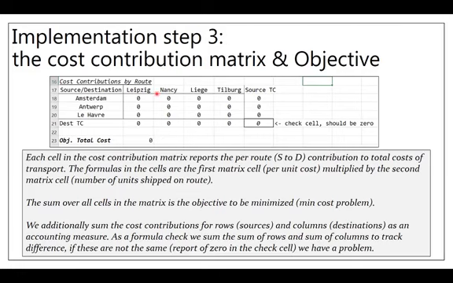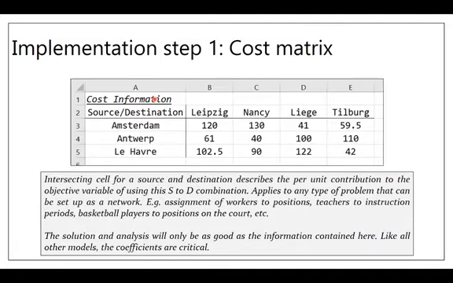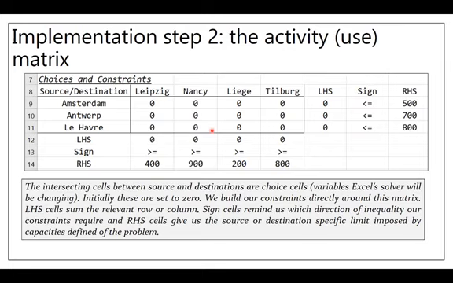Step 3, the cost contribution matrix. So matrix 1 is the cost per unit of a shipment from Amsterdam to Leipzig in this cell. This number going from 0 to 1 will increase the cost by 120. To 2 it'll be 240, 3 will be 360.